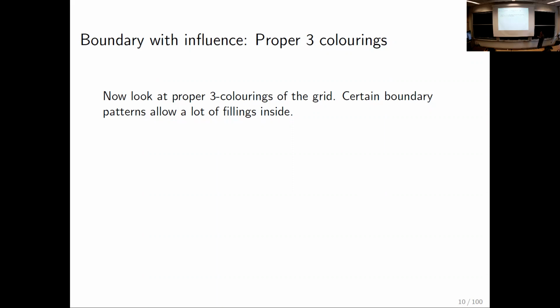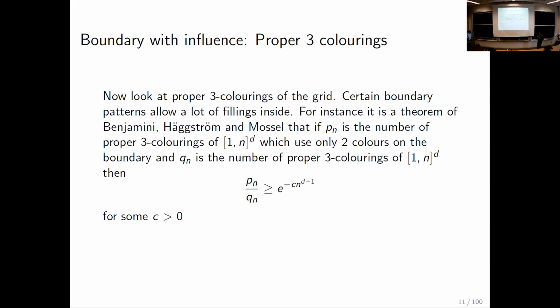There are certain patterns which allow a lot of things inside. So this is the theorem of Borel and Nishant, which says the following: if I take the following boundary pattern, and now I have two colors. I'm allowed three colors, but I only want two colors on the boundary, and they alternate.